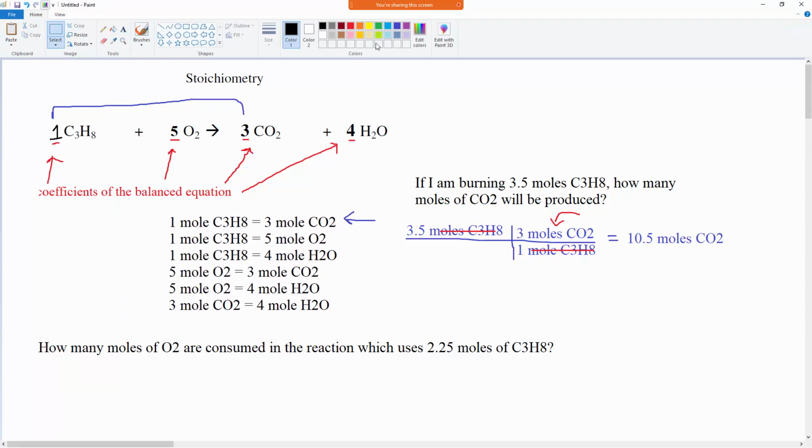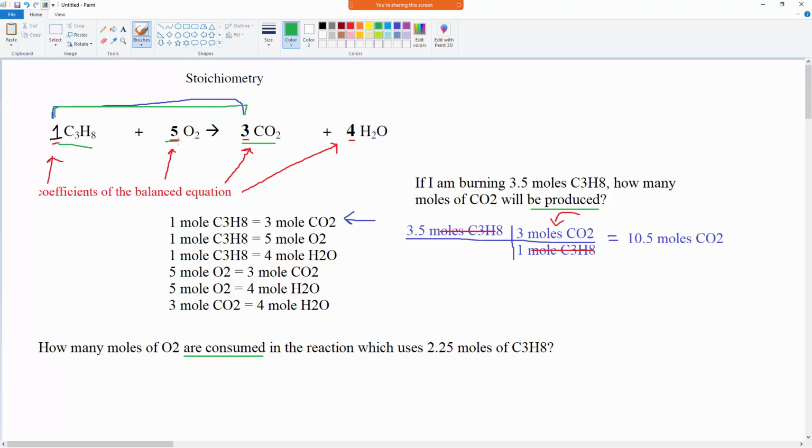Now, part of the reason I pulled this out for you is because I want to show you that sometimes we might use different language. Here I said how many moles will be produced. Here I'm going to say how many moles are consumed. This is just trying to describe what side of the reaction it's on, right? Because CO2 is a product, I can say if I start with this reactant, how much product do I get?